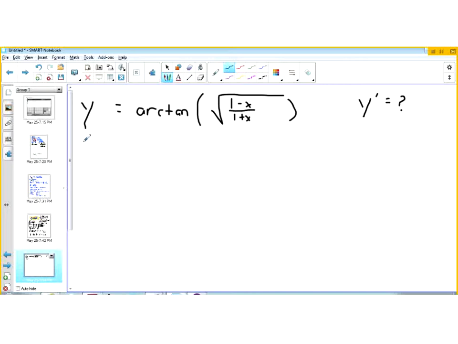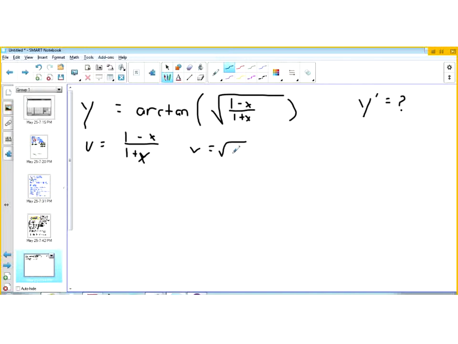Recall that the derivative of the arctan, well, let's let u equal the argument. Or can we do better? How about we simplify it even further? Let's let u equal (1 minus x) over (1 plus x).